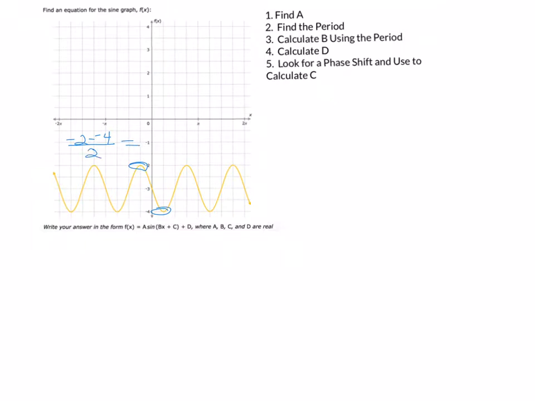-2 minus a -4 is going to be 6 over 2. We're going to have 3. So our amplitude, no wait, clearly I can't add. It's all the distractions. So -2 plus 4 is going to be 2 over 2.